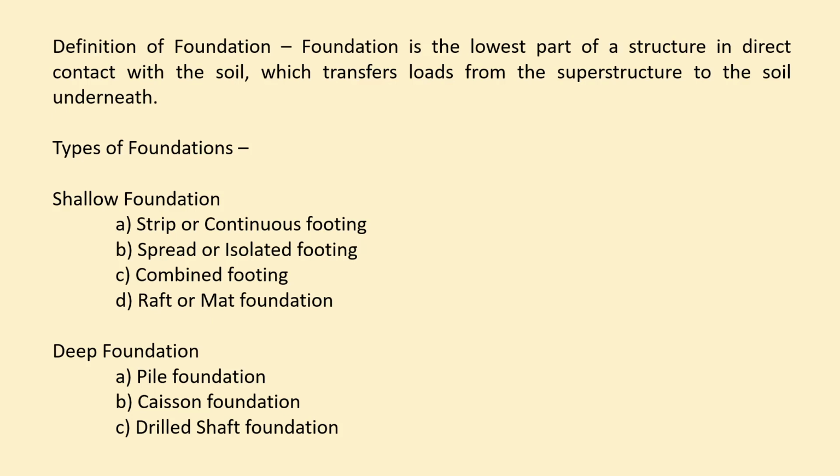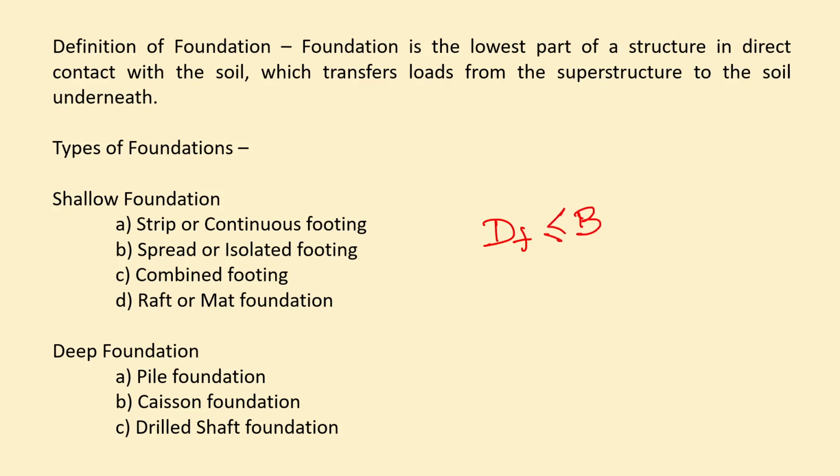We all know there are two types of foundation. One is shallow, another one is deep. In case of shallow foundation, the embedment depth, that is the depth of the foundation, could be equal to or less than its breadth.